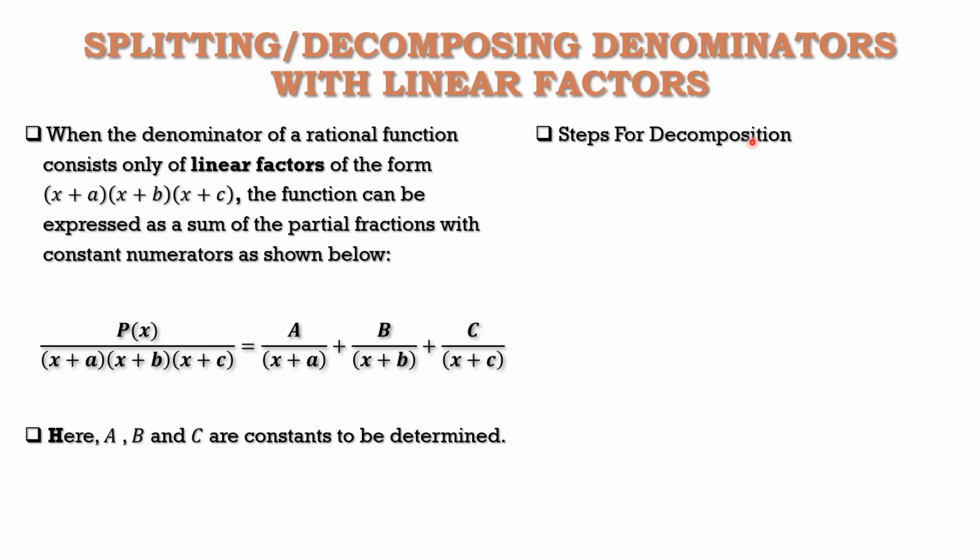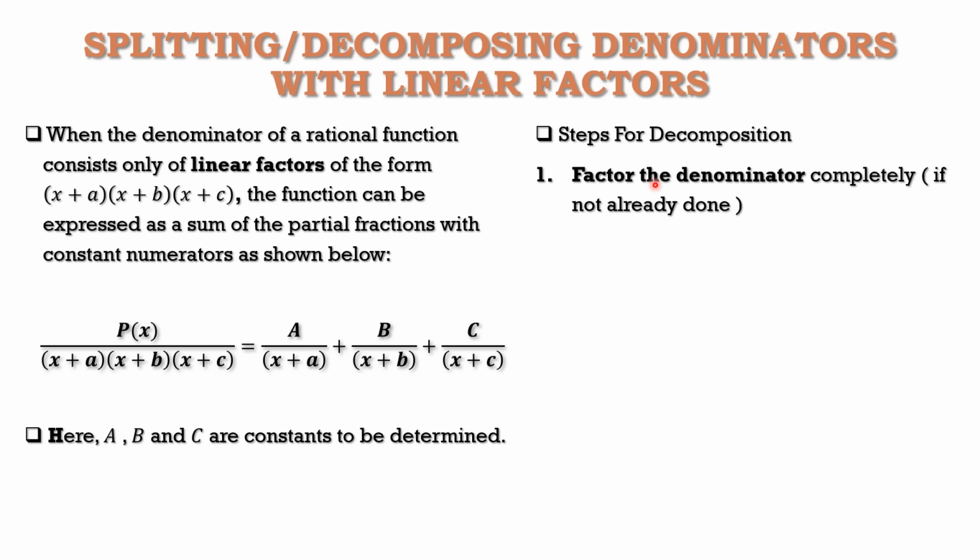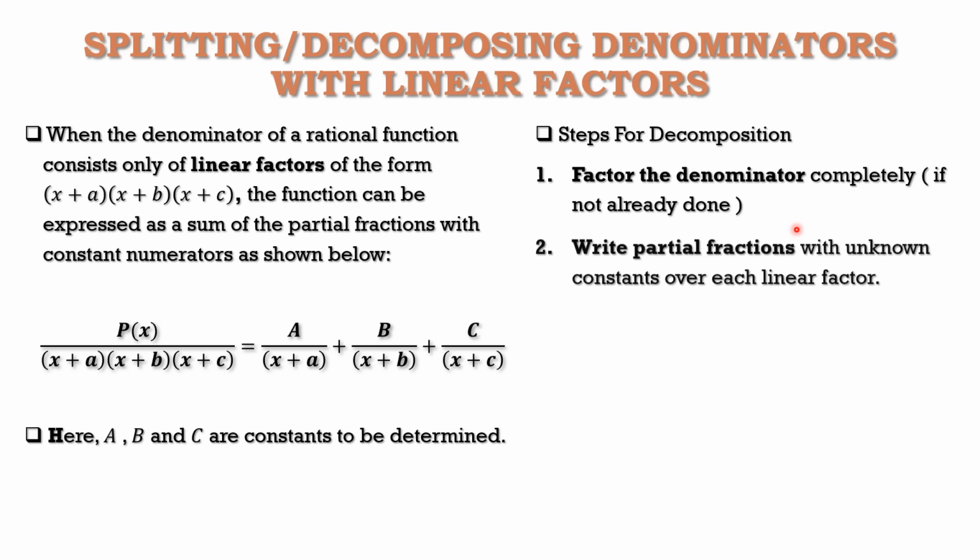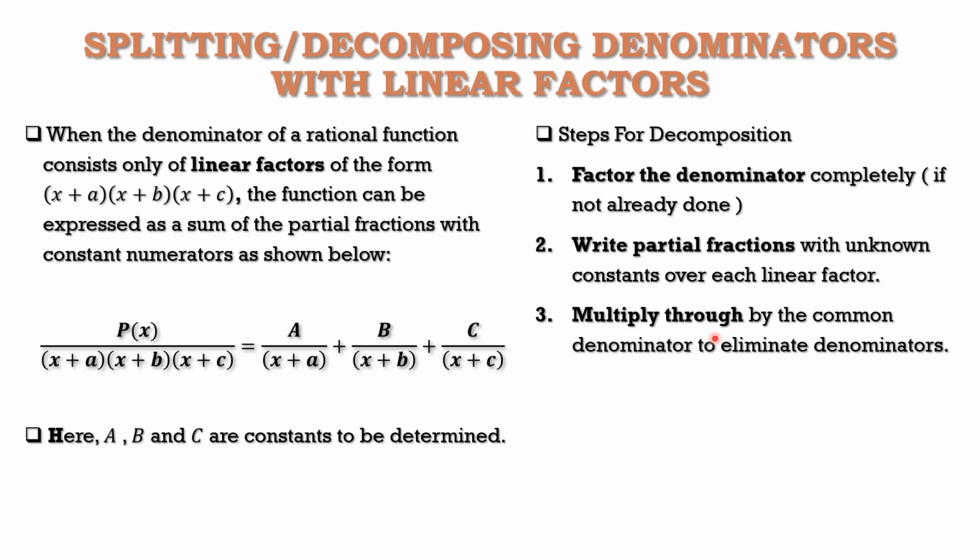So, the steps for decomposition when you have linear factors as your denominator. One, factor the denominator completely if not already done. Two, write partial fractions with an unknown constant over each linear factor, as has been done here, with unknown constants A, B, and C. Three, multiply through by the common denominator to eliminate the denominator.